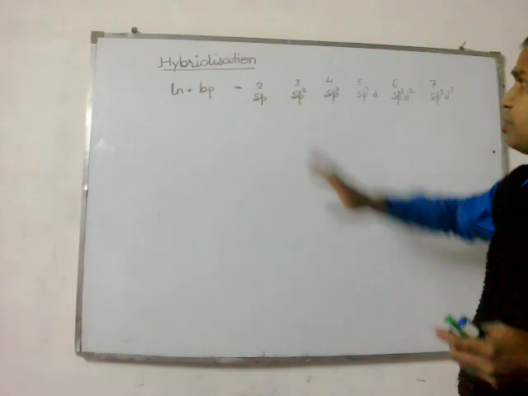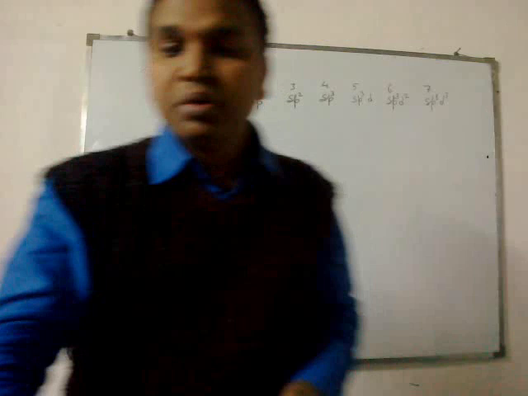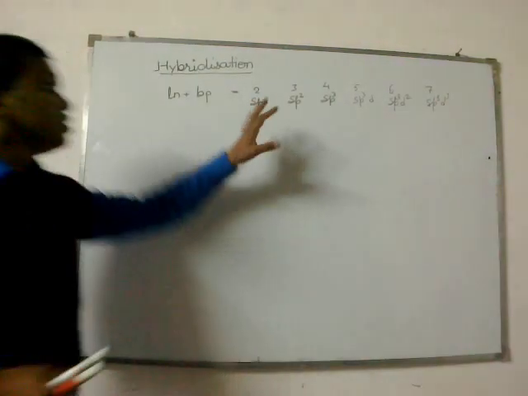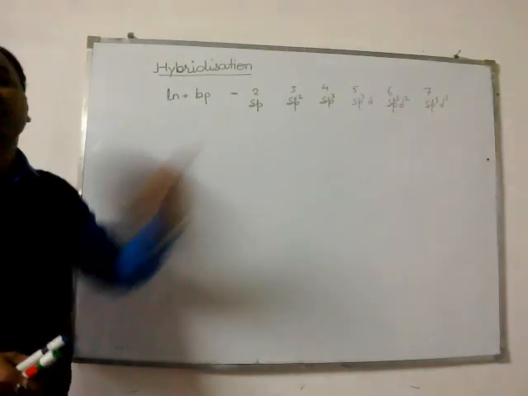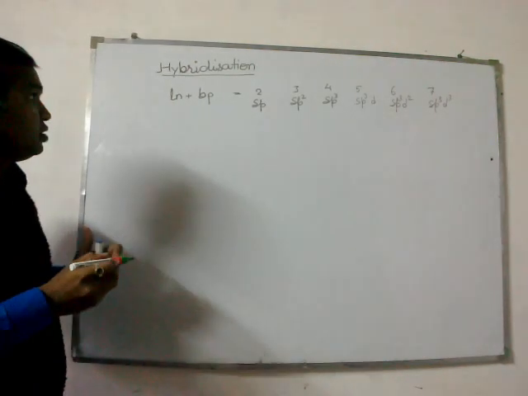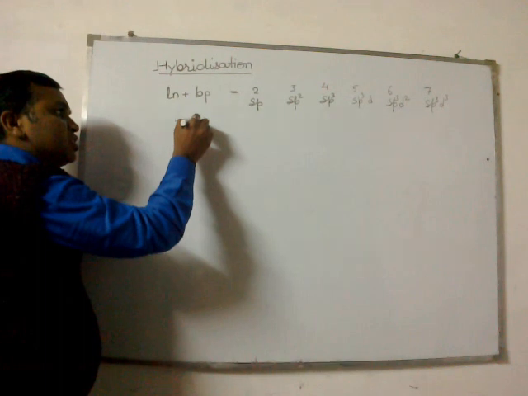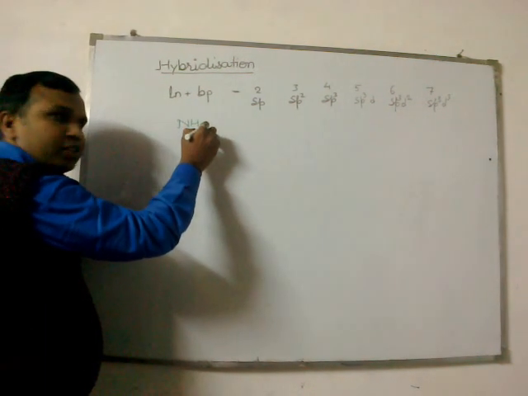Not only the hybridization but also the exact geometry of any molecule we can determine by using this trick. Now some examples associated with it, and for that, first I have selected the ammonia molecule.